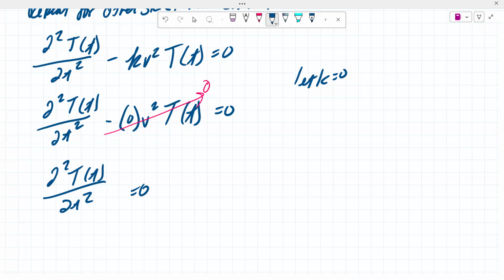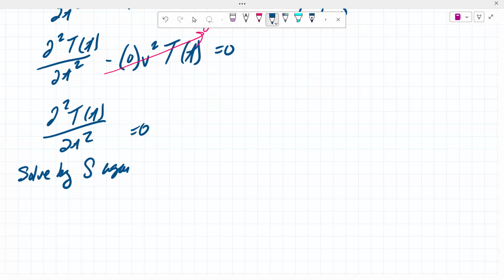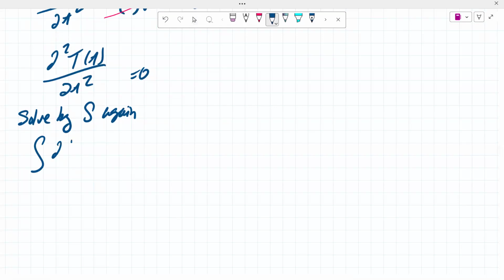And now we're going to solve by integration again, instead of using the longer version of the equation. So here we're going to play the same trick. We're going to do the integral of d squared T of t over dt squared dt, that's for the partial, by the way.